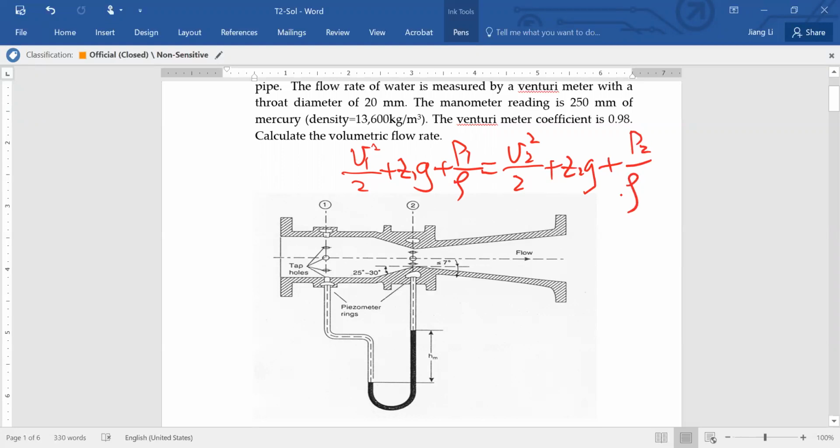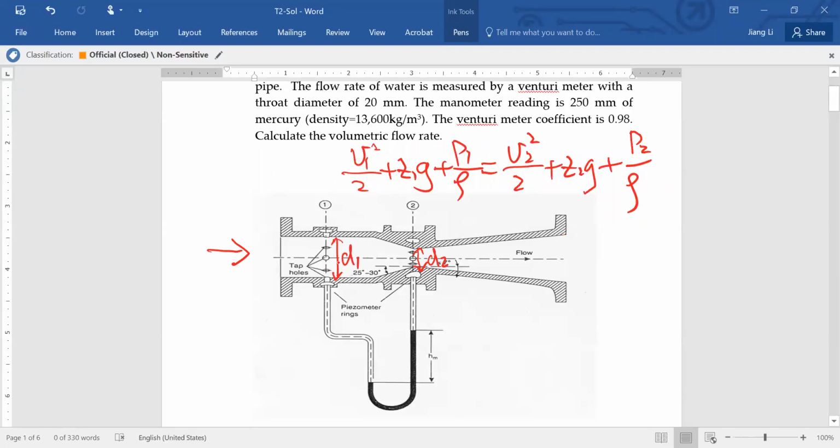Okay, so now if you see below here is the venturi meter where the fluid is flowing inside the pipe. Venturi meter means there will be a gradual change of diameter to the throat. So the throat will have a very small diameter D2. The pipe itself, the diameter is D1. Then there will be a gradual decrease in diameter, then gradually increase back to the pipe diameter again.